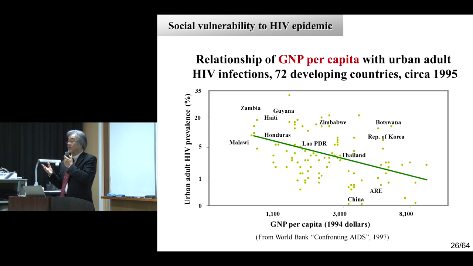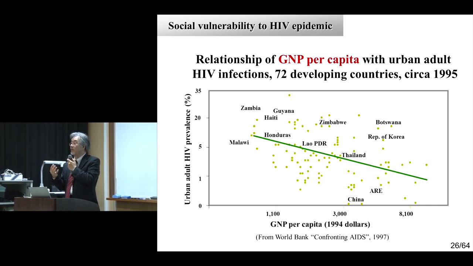Why do you think this happens? Why will people be at higher risk for HIV infection when they're poor? Do you have an answer?